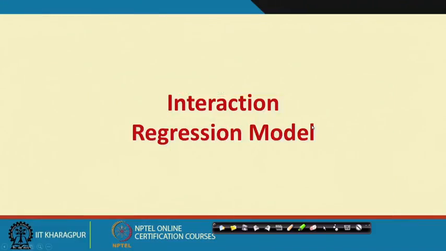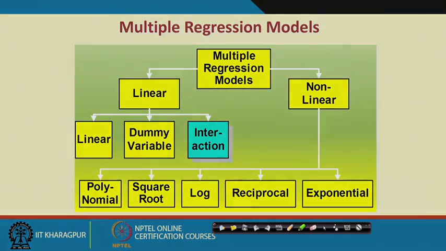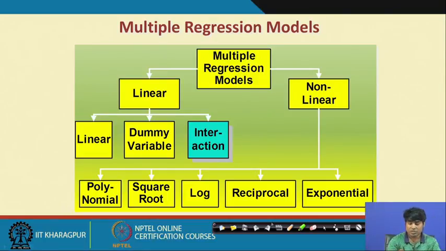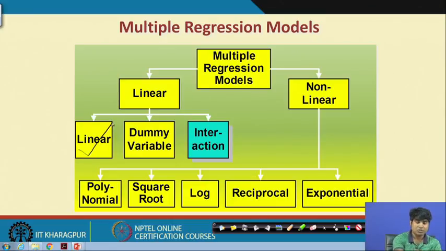So, let us discuss that aspect. Specifically, today we will discuss the interactive effect, and that is interaction regression modeling. For that, again take an overlook at multiple regressions, linear and nonlinear. In the last class we specifically discussed linear modeling and the use of dummy modeling, and now we are here to present the interactive concept.